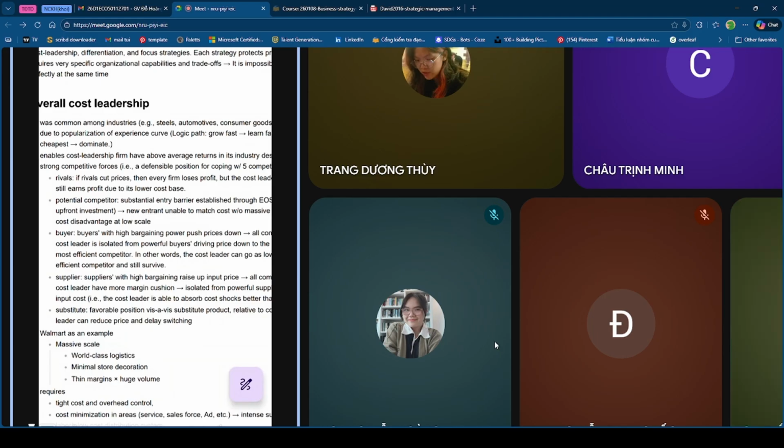Because your cost structure is lower. And when the second most efficient firm exits the industry, your firm still stays in the industry because of the lowest cost structure.